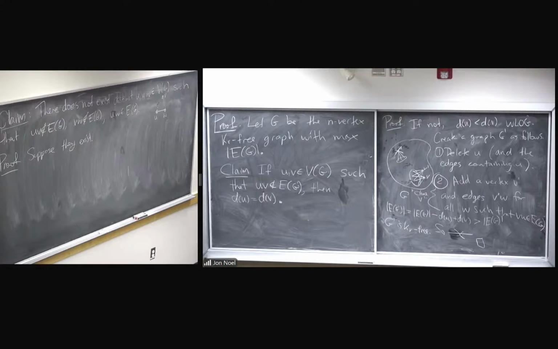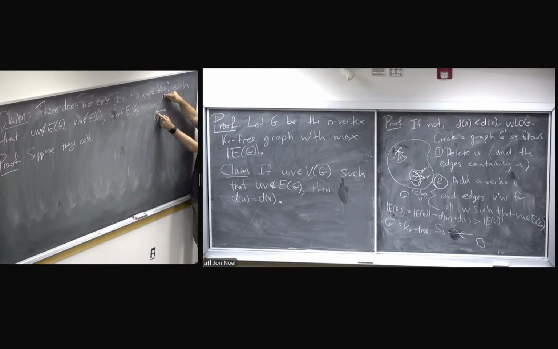So again, what we're going to do is try to find a way to delete a bunch of stuff from the graph, add a bunch of stuff, and end up with more edges than we had before without making a KR. And here, it's quite useful to have the first claim. Given that the first claim is true, we can actually say, U has the same degree as V, because they're not adjacent, right?